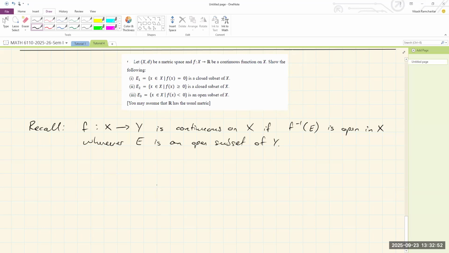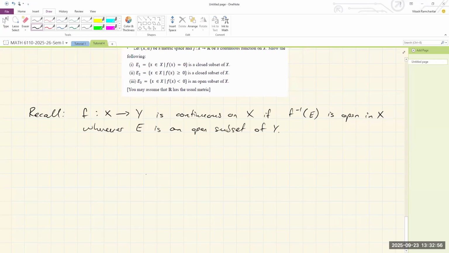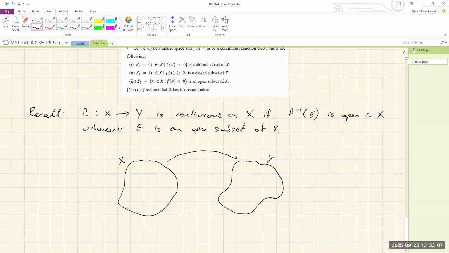Okay, and the diagram for this looks like, let me see if I can draw it. Here's X, there's Y, and we have a function f from X to Y. So we say f is continuous on X if, it doesn't take open sets in X to open sets in Y, but rather it does the reverse of that.